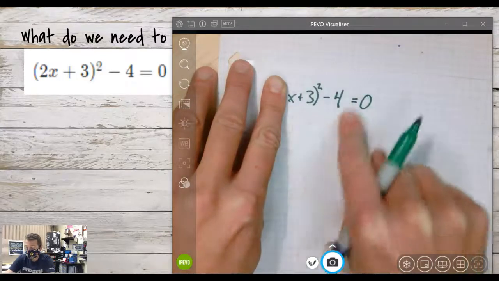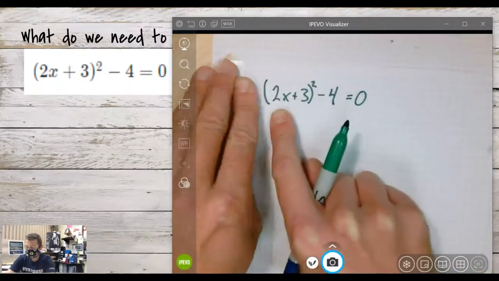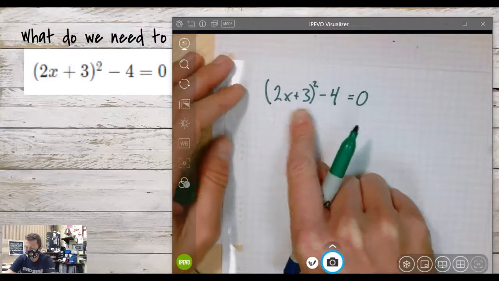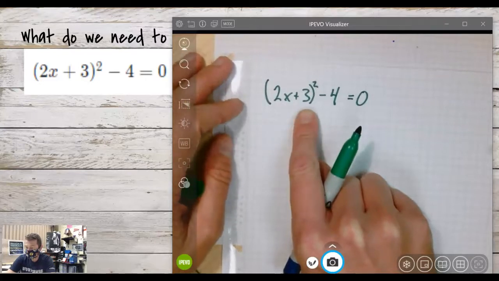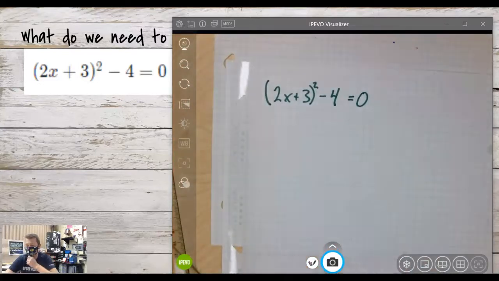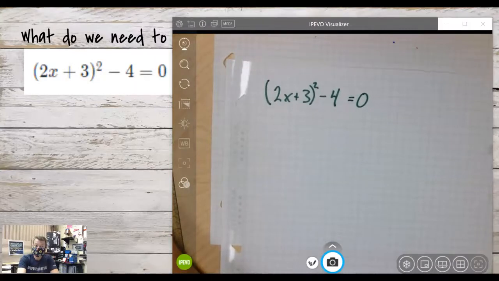The question we need to ask here is, does this 2 impact where the vertex is? So how could we analyze, what could we use to investigate this together? A graphing utility, maybe? So something like Desmos, maybe?